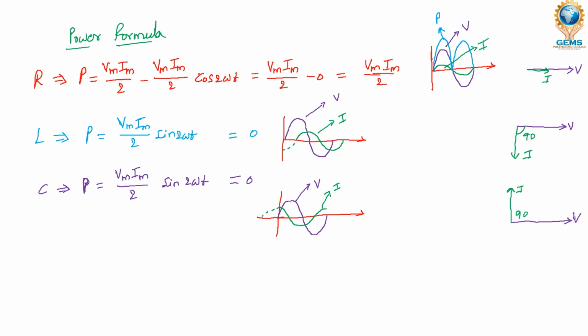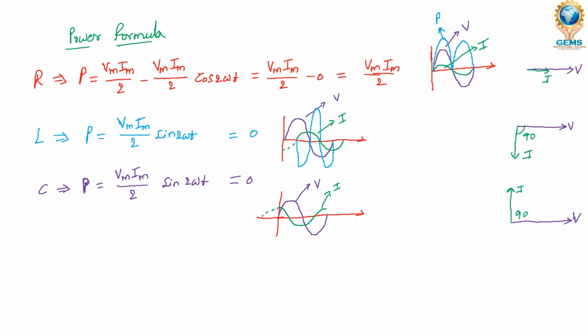Now we are discussing power. During this time, power is like this. From 90 to here, the power is like this. Here it is like this. Next it will go back. This is the power in case of, sorry, I wrote it wrongly.